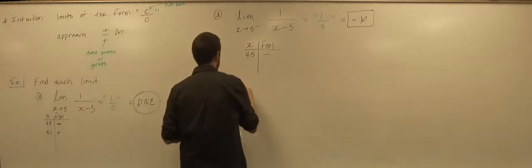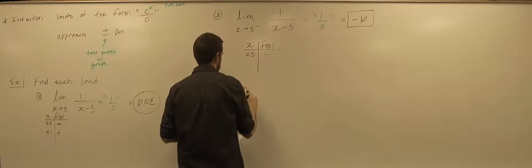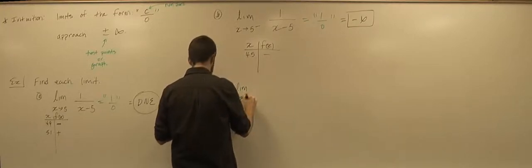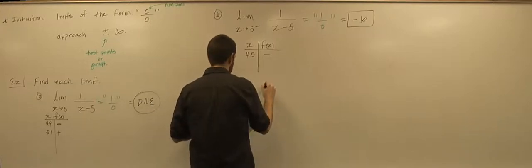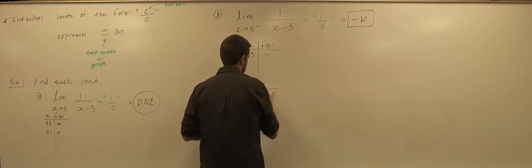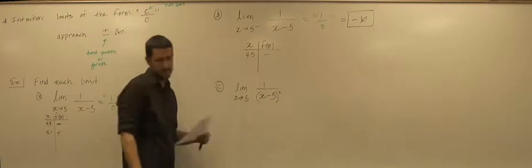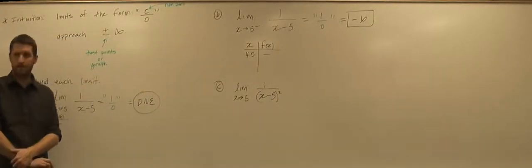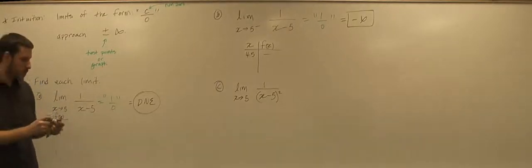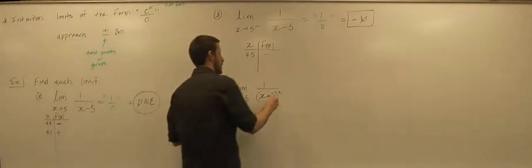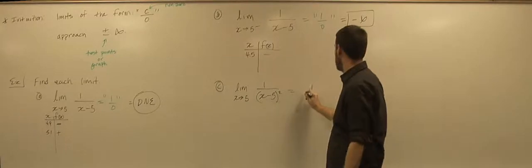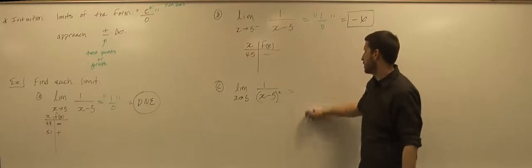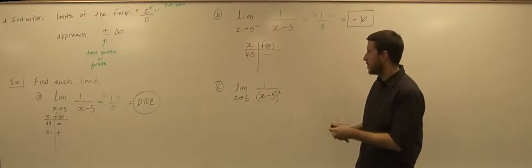What about the limit as x goes to 5 of 1 over x minus 5 squared? Infinity. Yeah, so when you plug this in, it becomes 1 over 0. Right, 1 on top, 0 on the bottom.